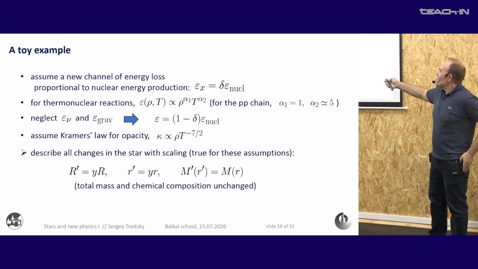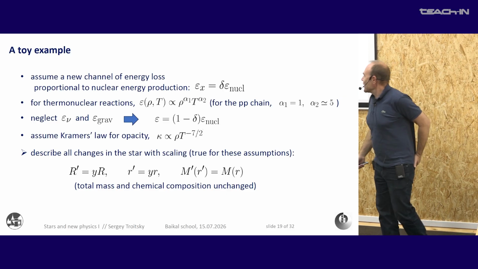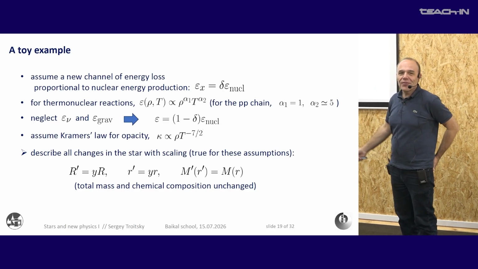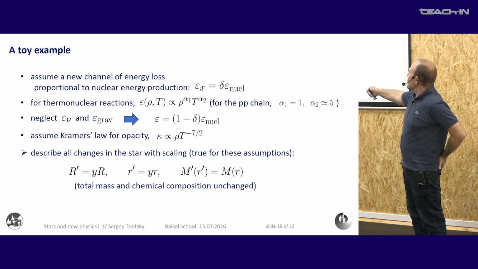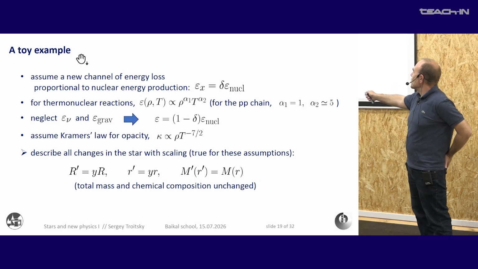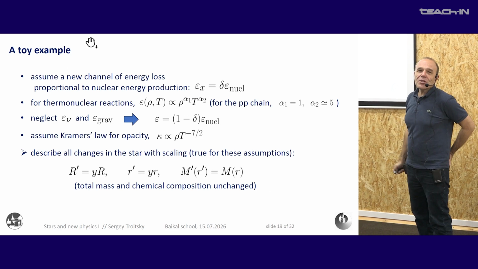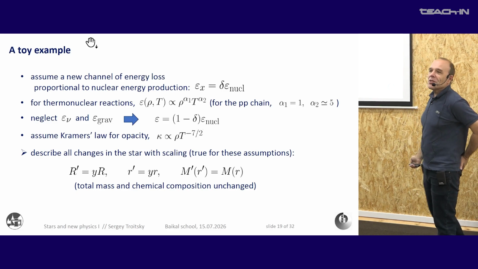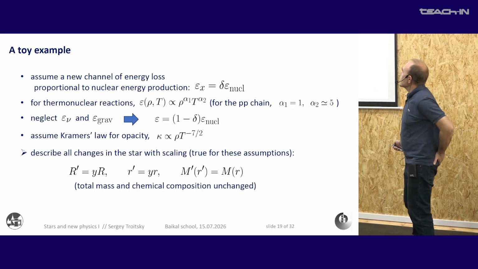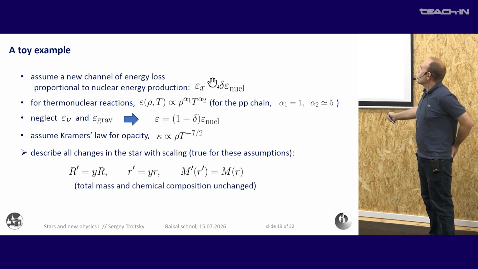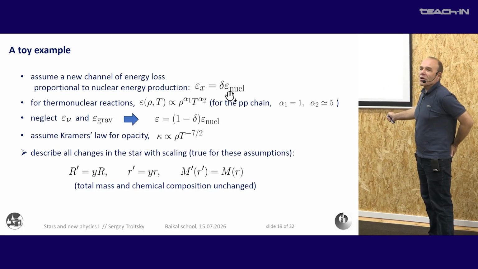Okay, so at least this toy example I can discuss safely. Assume that there is a new channel of energy loss, but for simplicity, we think of it as being proportional to the nuclear energy production.